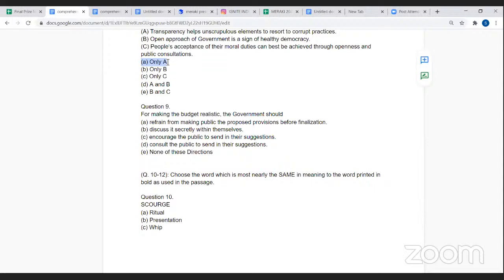Question 9. For making the budget realistic, the government should... Consult the public to send in their suggestion is the correct one. So it is option D.